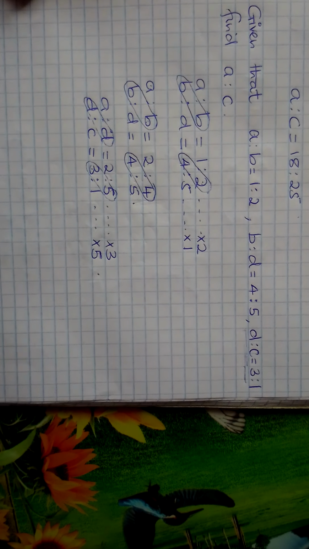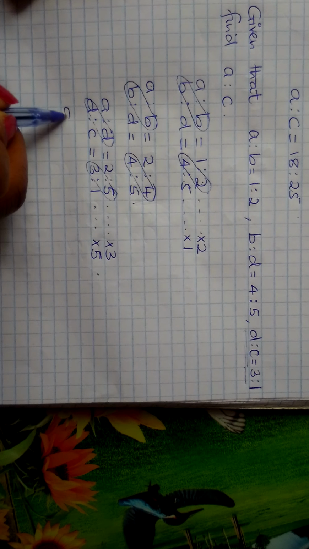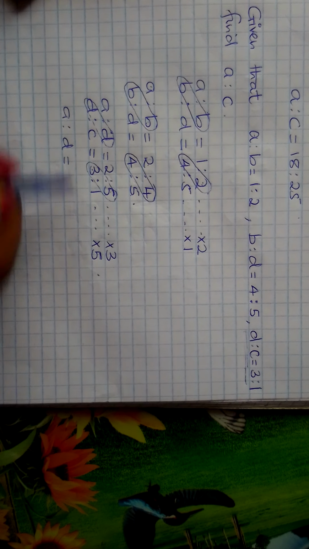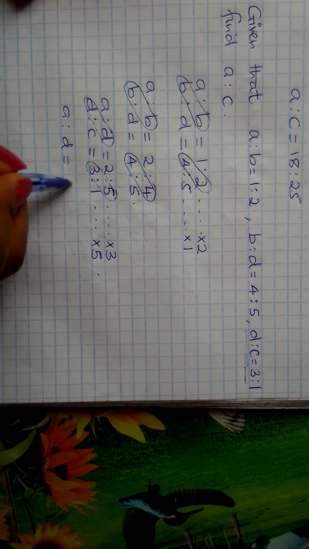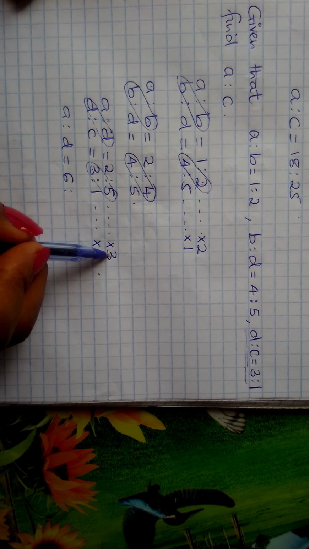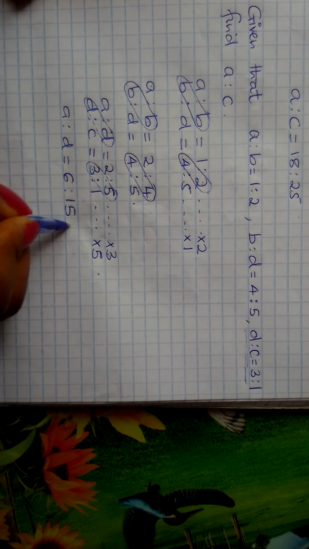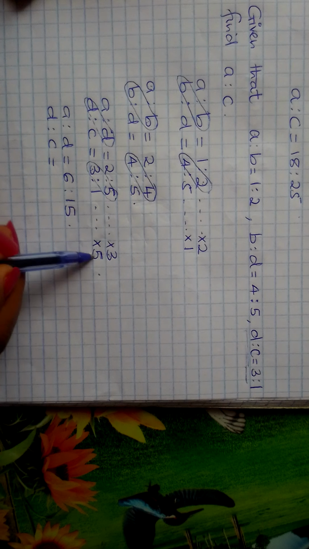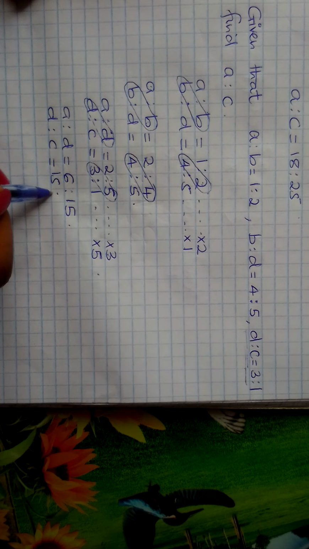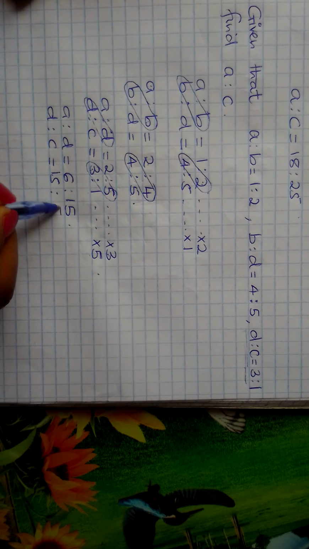By 5. Yes? And therefore, you come and say A is to D is equals to what? 3 times 2, 6. 5 times 3, 15. You go to the second case. D is to C is equals to what? 3 times 5 gives you 15, and 1 times 5 gives you 5.